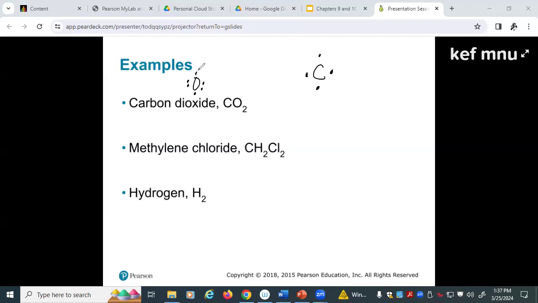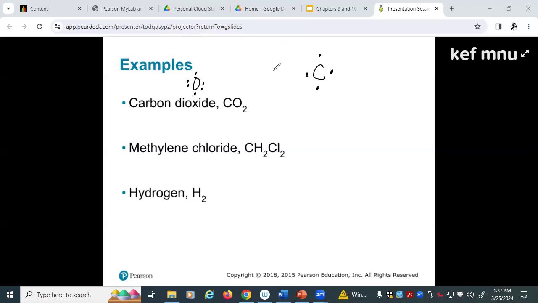So my first task is between these 2 atoms, which one should go in the middle? Which one has more unpaired dots? Carbon. Carbon has 4 unpaired dots. Oxygen has 6 dots in total, but only 2 of them are unpaired. 4 of them are paired. So my carbon needs to go in the middle.